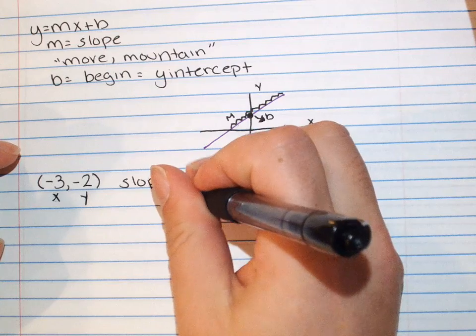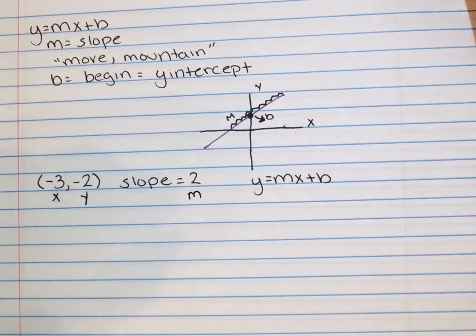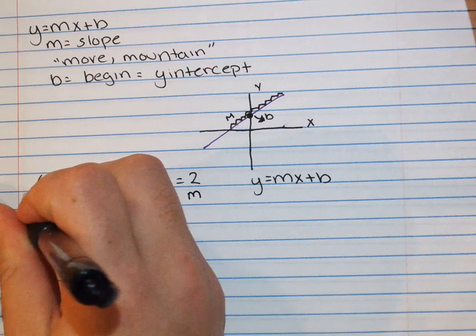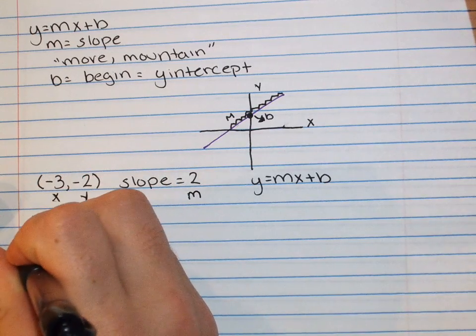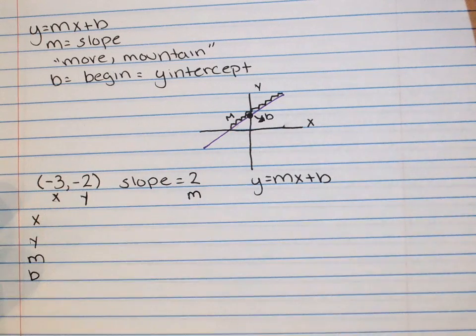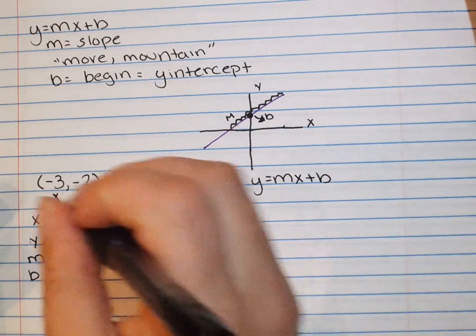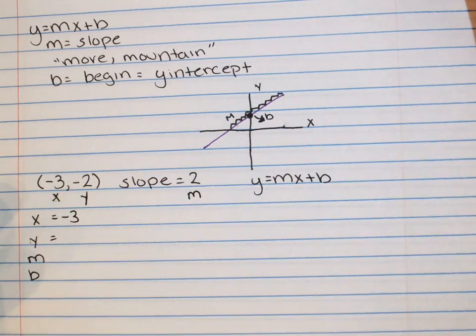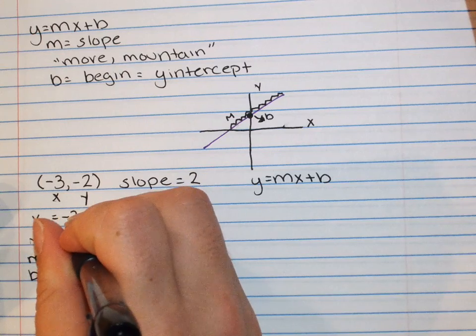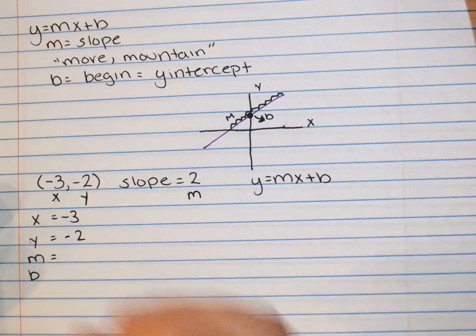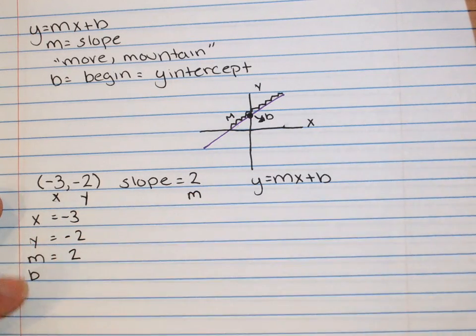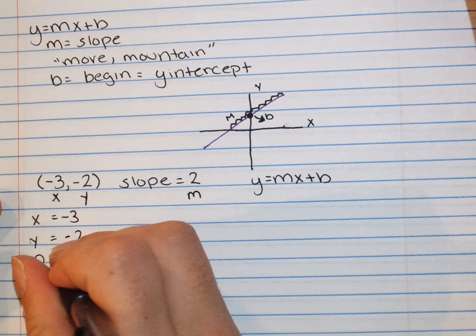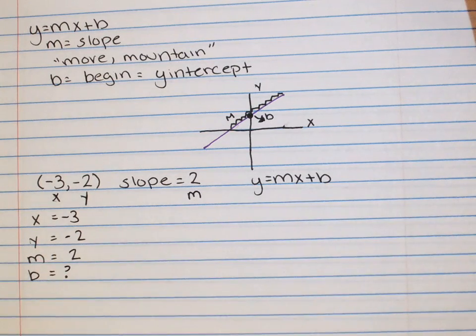And then the slope, that's an m. And so when I do this, I say x, y, m, and b. So I have an x value, x equals -3. I have a y value, y equals -2. I have an m value, m equals 2. And the only thing I'm missing is my b value. I don't know what that is.